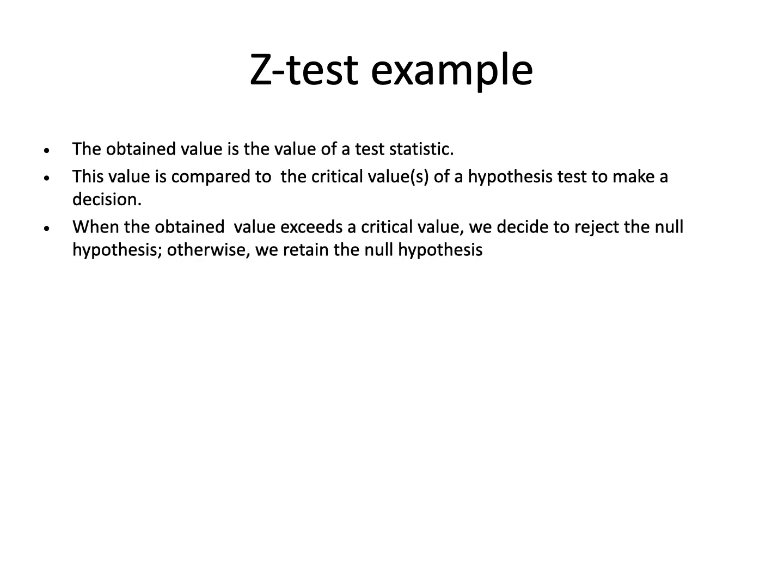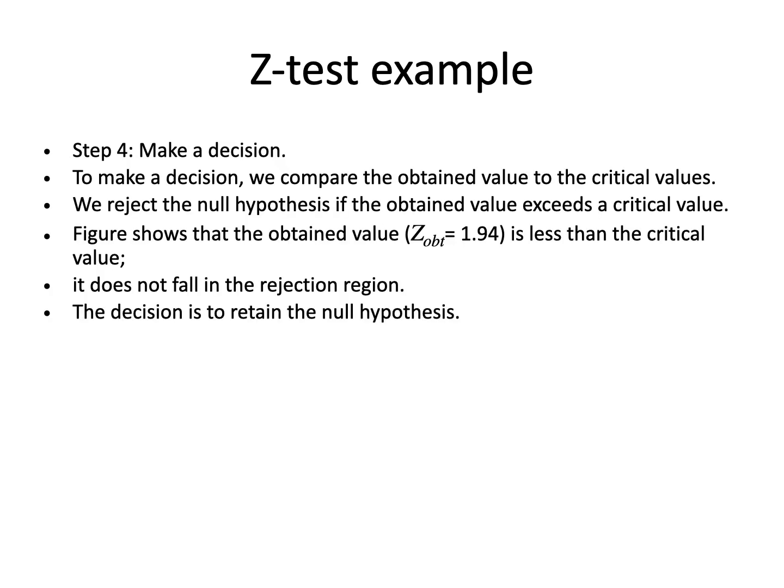The obtained value is the value of the test statistic, and this value is compared to the critical values of the hypothesis test to make a decision. When the obtained value exceeds the critical value, we decide to reject the null hypothesis, otherwise we will retain the null hypothesis. Here we make a decision by comparing the obtained value to the critical values.